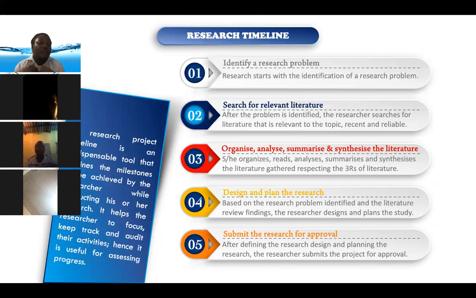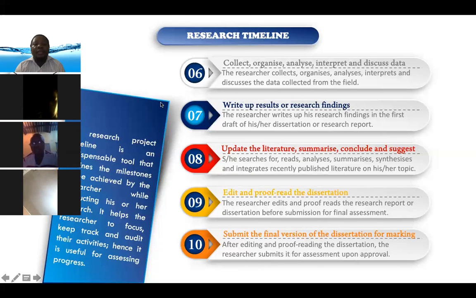So for example, after you have written your research project, considering all these aspects and you are happy, you submit it to me so that I can assess it or read it and mark it for approval, or to tell you what you need to improve on, or what you need to change, what you need to add, what you need to subtract, what you need to consider, right? So you submit your research project for assessment or for approval.